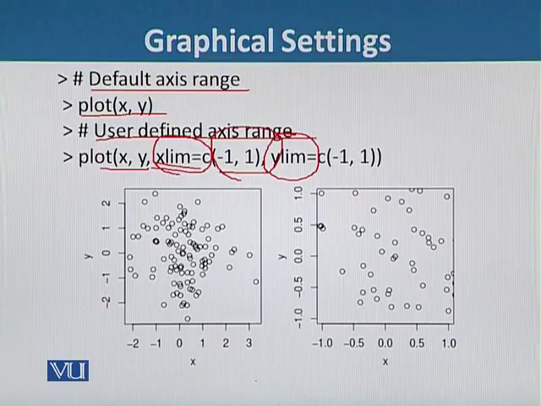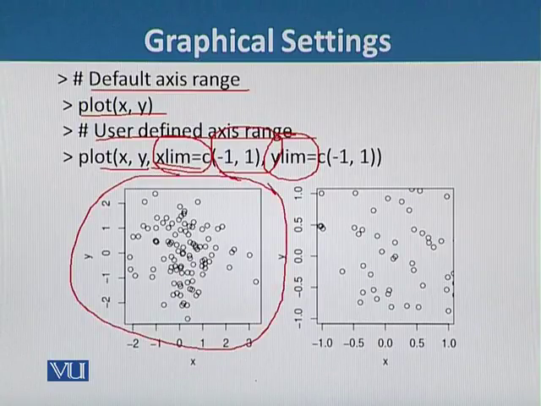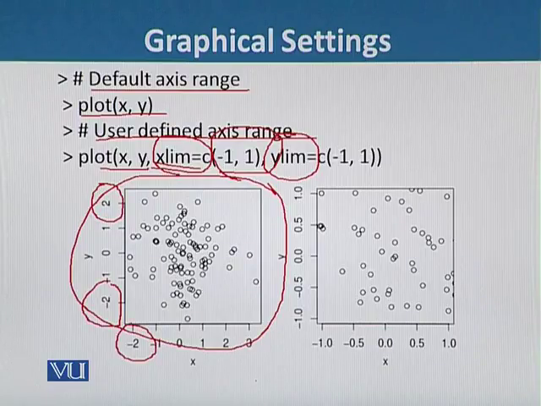Here we can see that the scatter plot that was originally present has a range in the y-axis from -2 to +2, and in the x-axis from -2 to +3. Now we have given the command to change the range of the x-axis from -1 to 1.